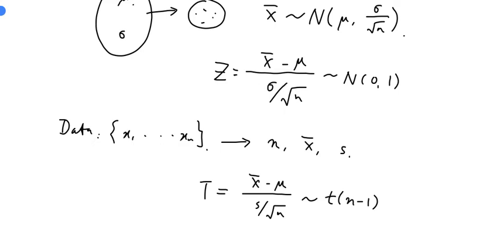From a statistical point of view, if sigma is replaced by s, then z becomes t.